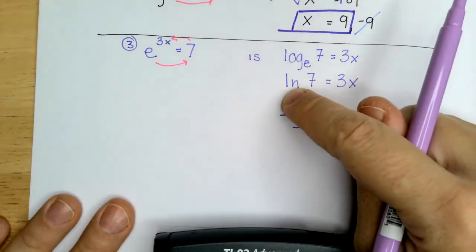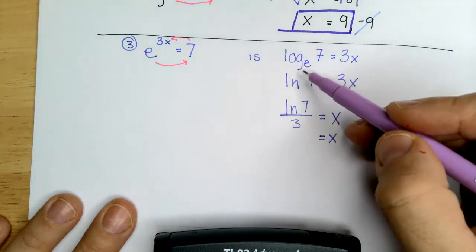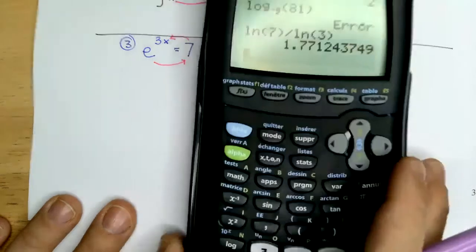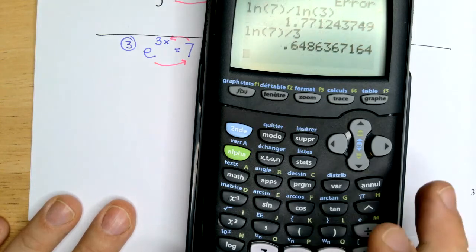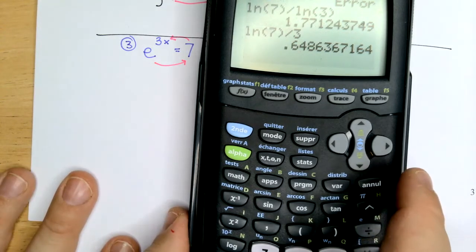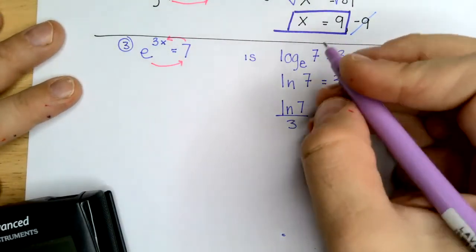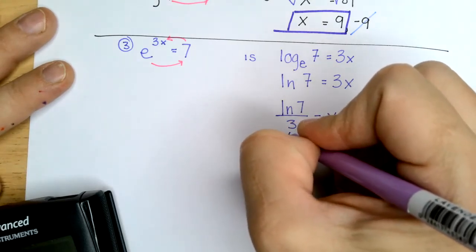Natural log of 7 divided by 3 is 0.6486367164. So if you want an exact answer, you just give them that. If they want a rounded answer, you say 0.649.